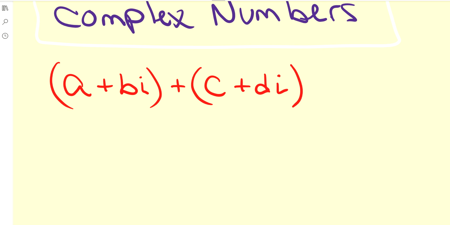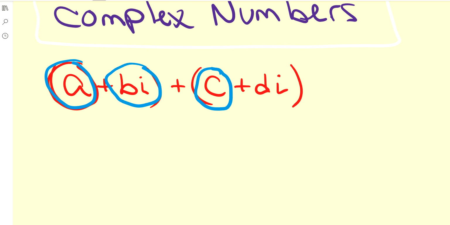Okay, so this is what will happen. I'm going to have a plus bi plus c plus di. Well, this is an addition sign here, so the parentheses are just going to drop out, because there's going to be no change to that, as opposed to if that was a subtraction sign. So when I'm adding them, the parentheses just drop out, and you're going to add together the real parts, and then you're going to add up the imaginary parts.